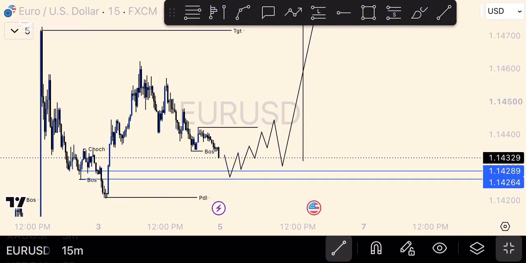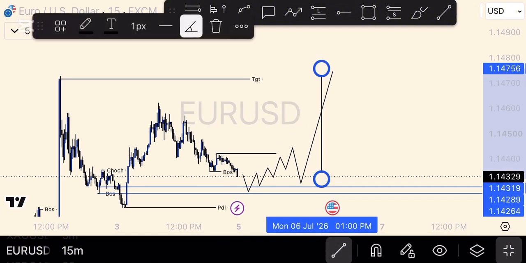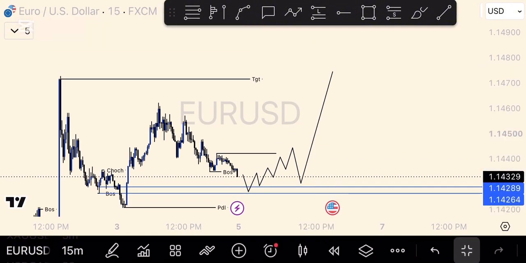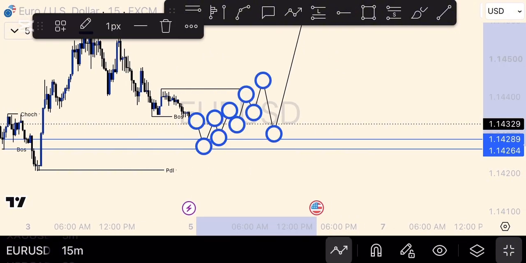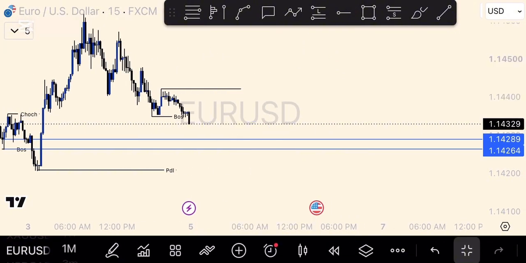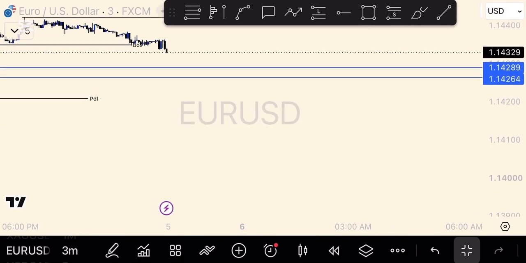That is enough pips and enough ratio, and we have a lot of buy price action right at that zone. Currently that is the zone we'll be watching out for, and that is the price action we'll be looking at on the 3-minute time frame.